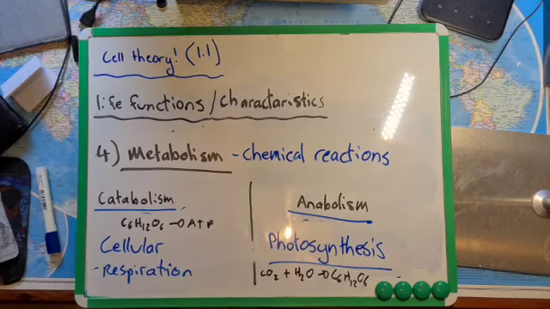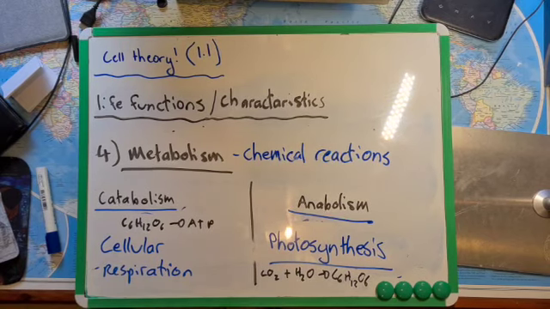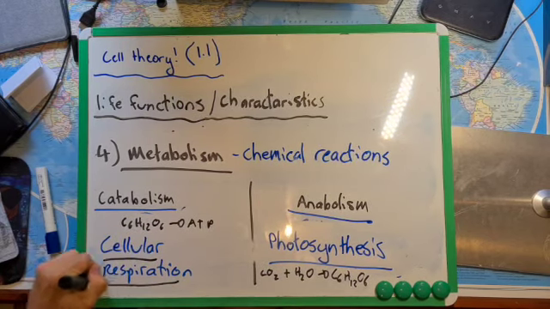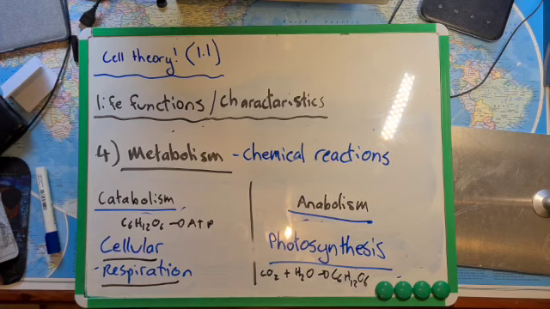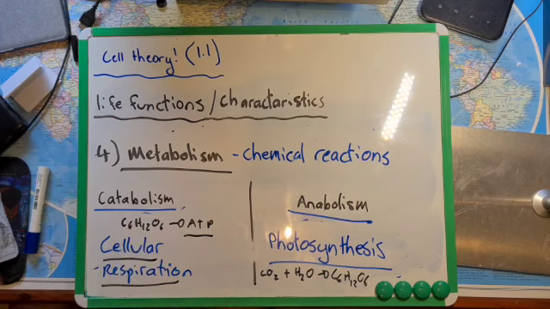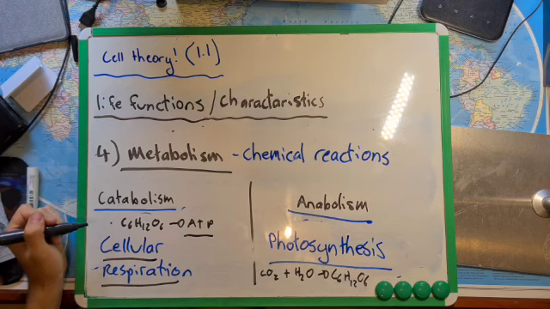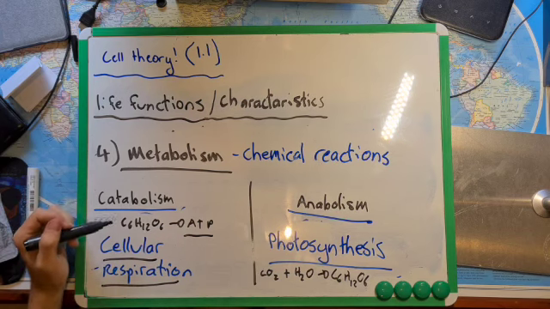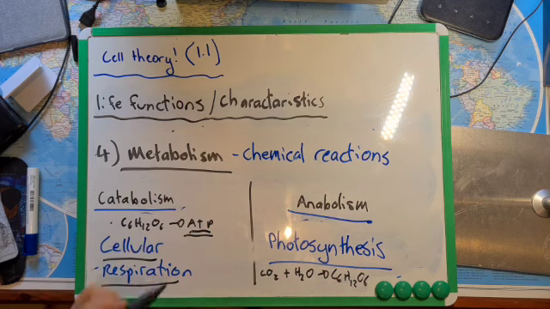An example of catabolism within a cell is that of cellular respiration, which is, as a simplification, a breakdown of glucose to form ATP. So it's this breakdown of a complex molecule to form small molecules along with its energy.